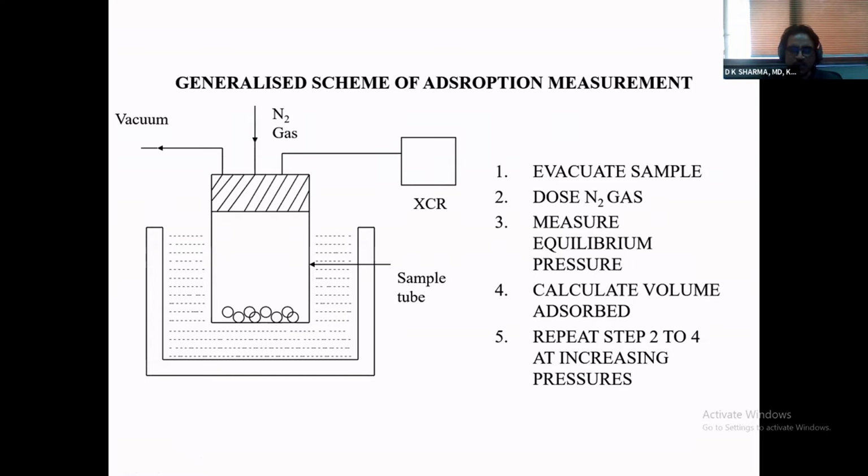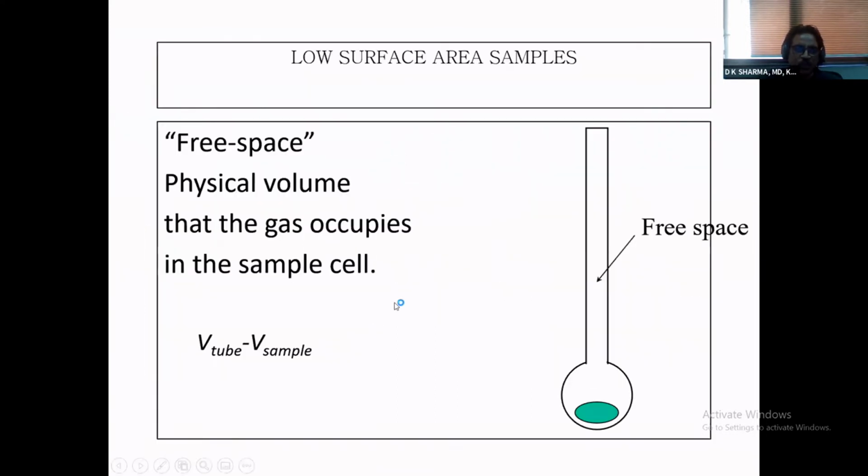Just a few things, because I have written here under point 4, calculate volume adsorbed. Remember, volume adsorbed is always a calculation. These calculations, which are of course done by the computer, require what is known as free space. In the next slide, we have defined what the free space is. It's the volume of this tube minus the volume of the sample.